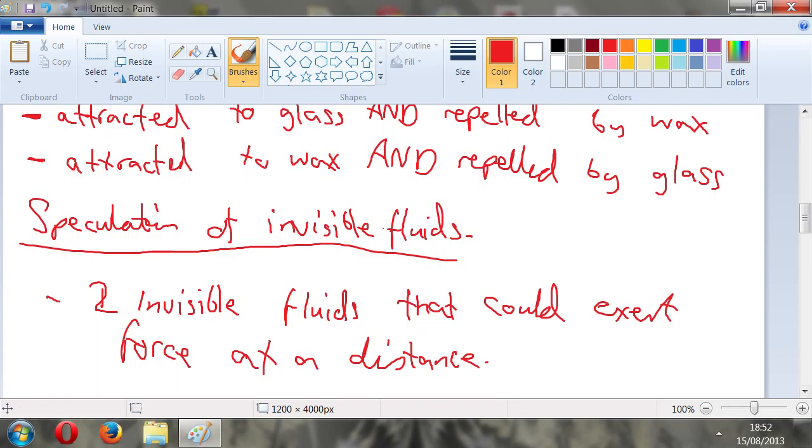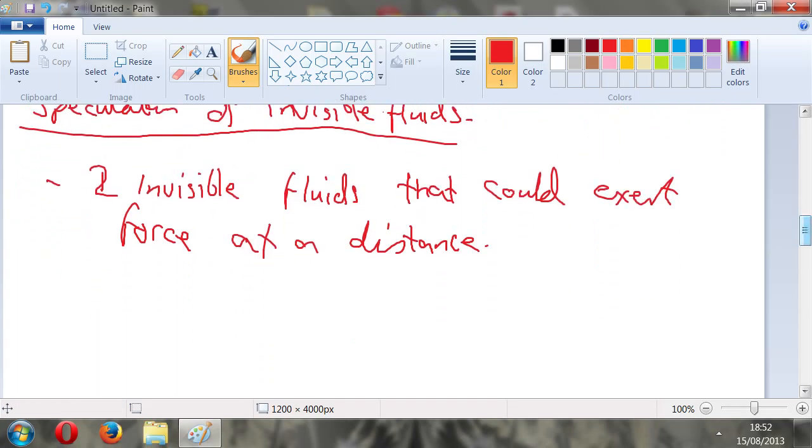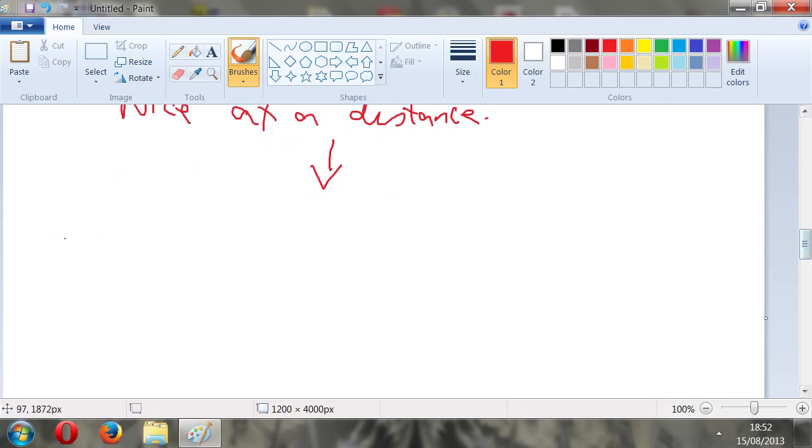Okay, then later on, the idea was that there's not actually two fluids. There's only one fluid. So later on, just do an arrow maybe to indicate later on: just one fluid.